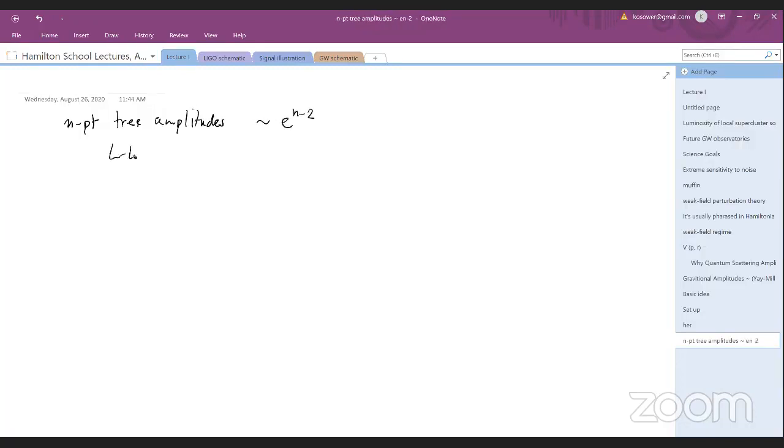And if we go to an L loop amplitude, then it'll scale like e to the n-2 times e to the 2L. We're not actually that concerned with e at the moment, we're concerned with h bar. So if we have an n-point L loop amplitude, then that object scales like h bar to the 1 minus n over 2 minus L.